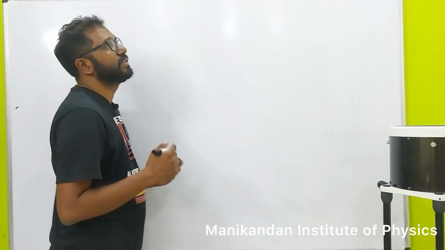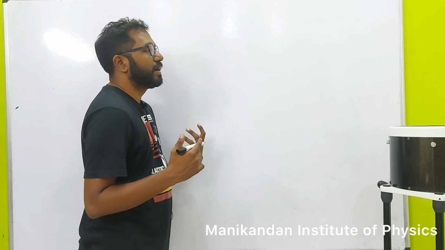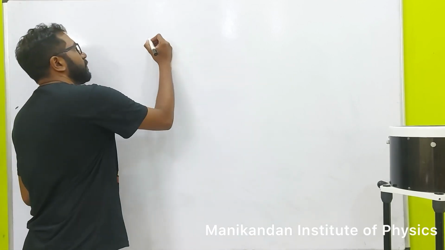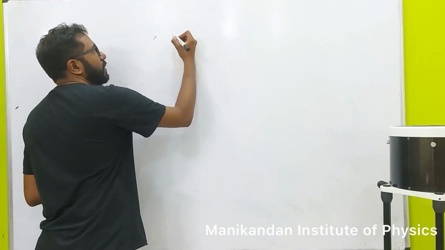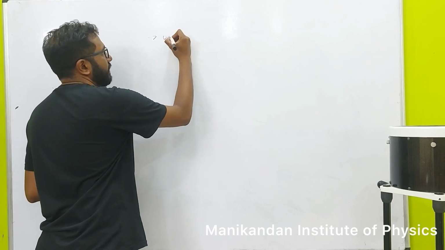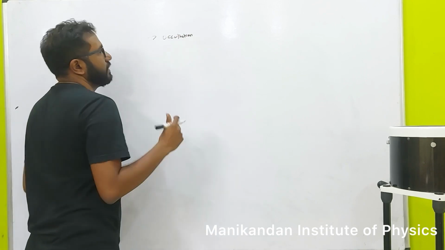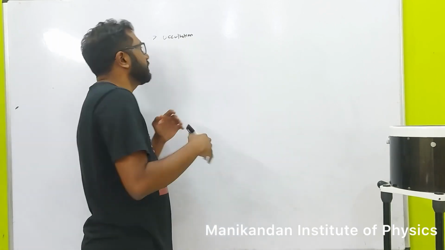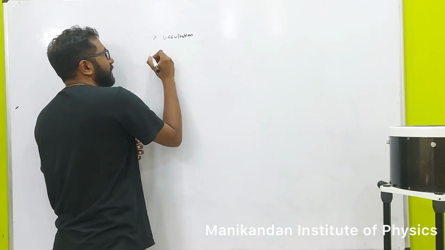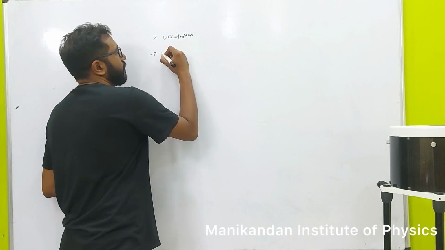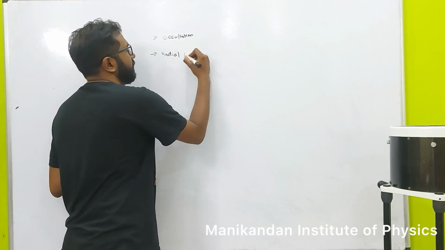So there are different ways in which we can identify exoplanets. One is through what we call occultation. Basically the planet goes in front of the star and we can figure it out. The next one is what we call the radial velocity method.